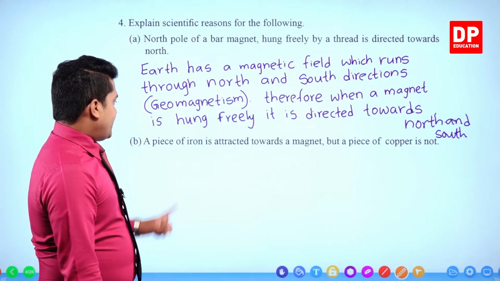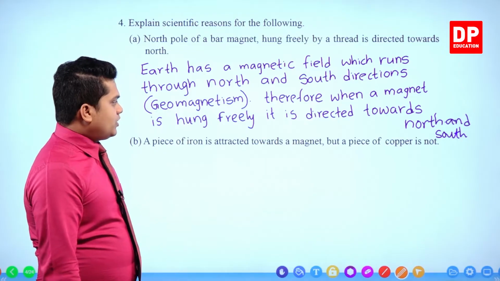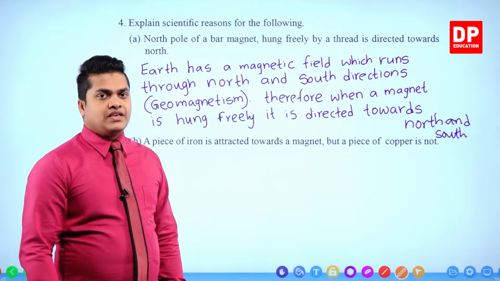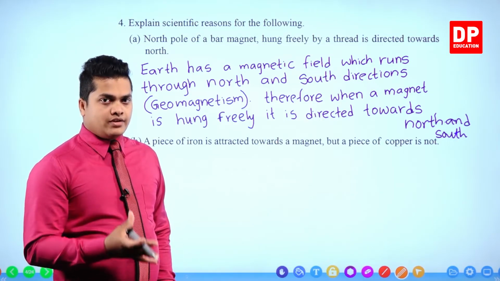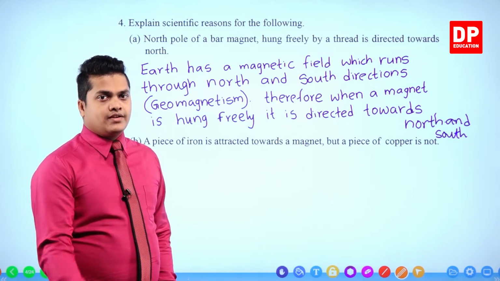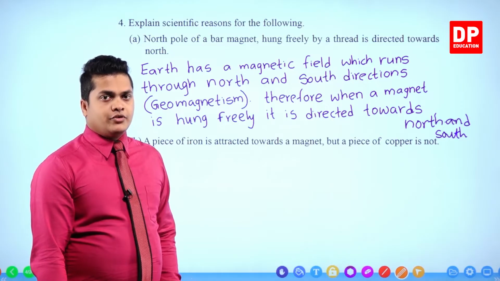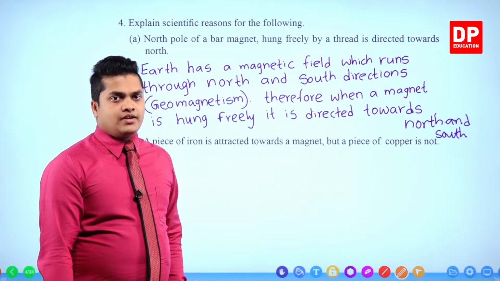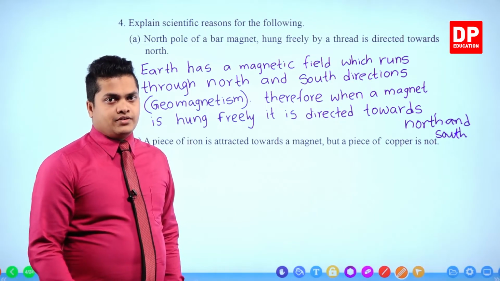Then the next one. A piece of iron is attracted towards a magnet, but a piece of copper is not. A piece of iron is attracted towards a magnet, but when you take a piece of copper, it's not getting attracted. What is the reason? The reason is quite simple, my dear children.